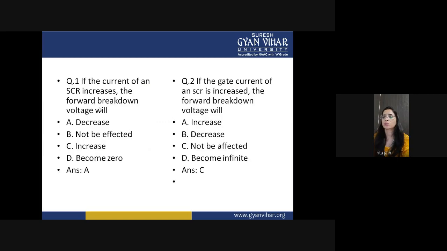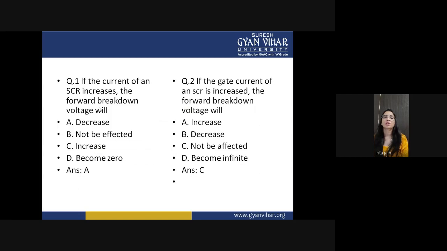Now let's come to a few questions based on this lecture and some basics of SCR. These are MCQs. Question number one: if the current of an SCR increases, the forward breakdown voltage will, if you increase the SCR current, obviously the forward breakdown voltage will be reduced.